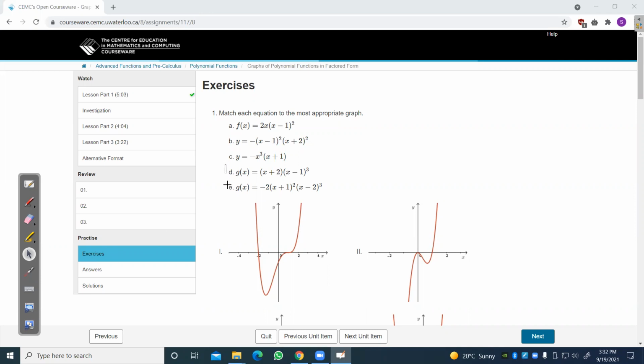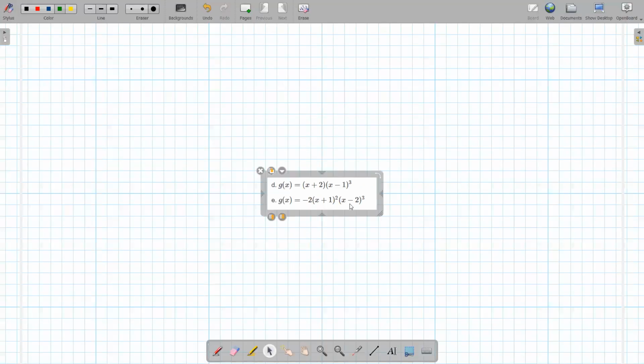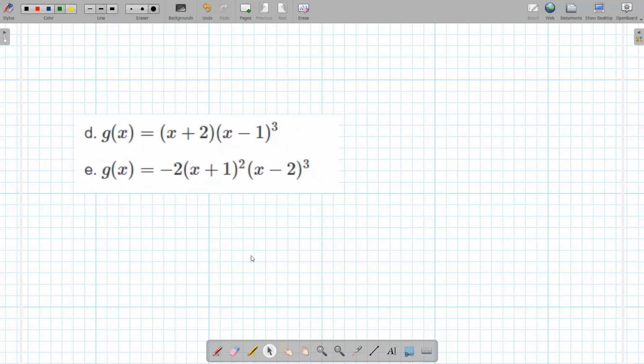It's the same idea for D and E. We can just make a quick sketch of this. So D is a positive degree 4 polynomial. It's going to start here and end here. The zeros are at negative 2, and at positive 1 there's a hidden cubic polynomial.